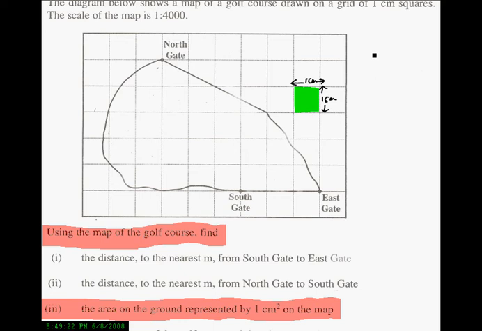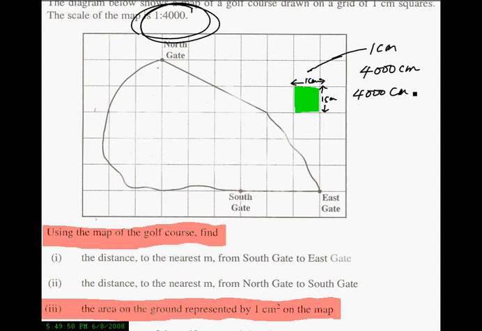In doing this question, remember the scale, as you can see here. The scale says that 1 centimeter is actually 4,000 centimeters on the ground, and that 4,000 centimeters, when you convert it to meters, is 40 meters.